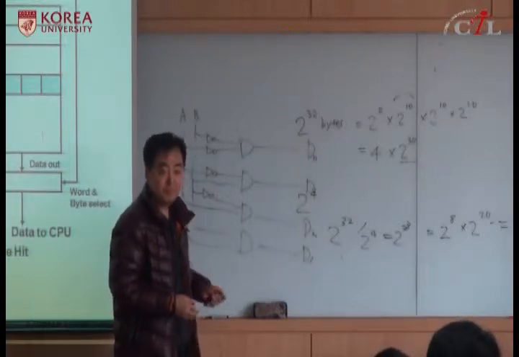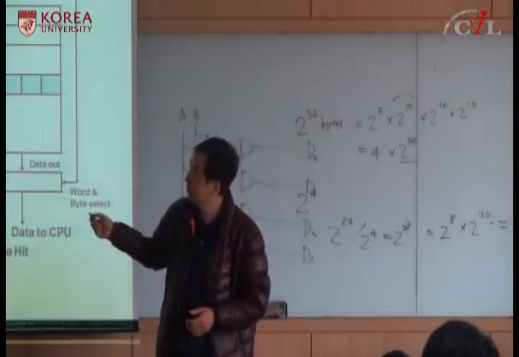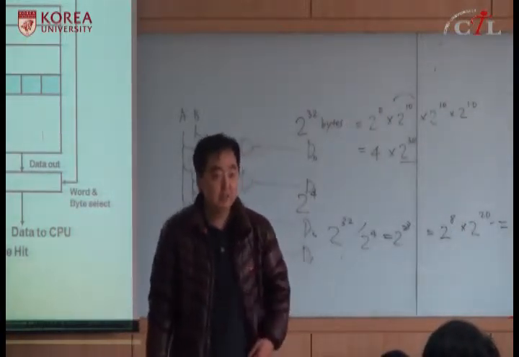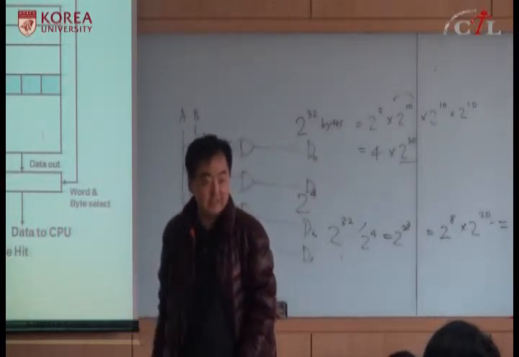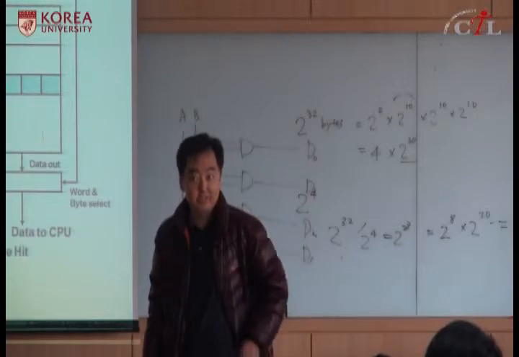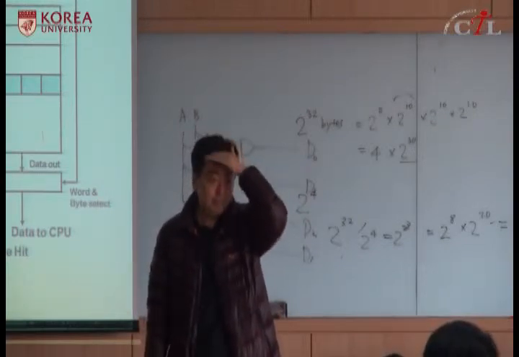This is the decoder. You need an 11-bit decoder. And how many AND gates do you need? 2048 AND gates, each with 11 inputs, right?